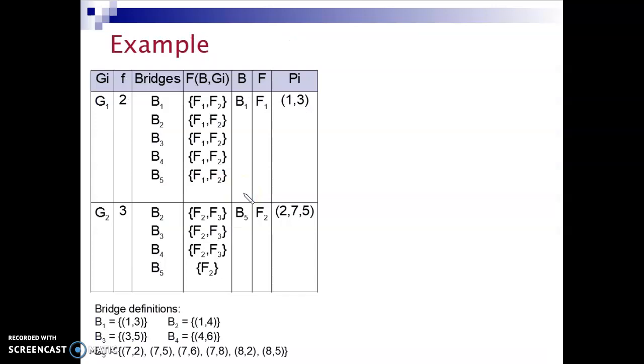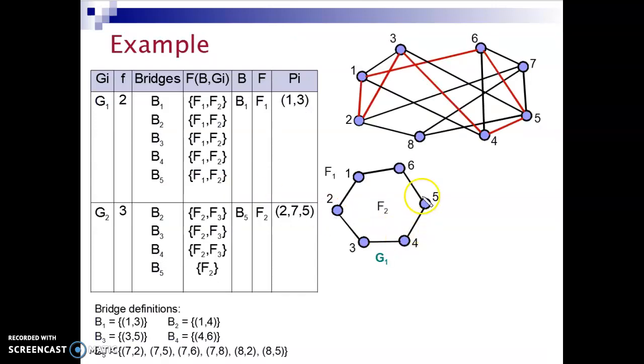So how does it do that? Once we have a cycle, we start, and I drew this table here to show how the algorithm proceeds. We will name the faces of this cycle G1.